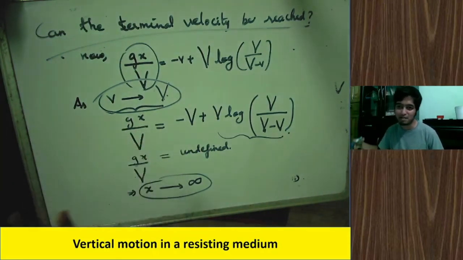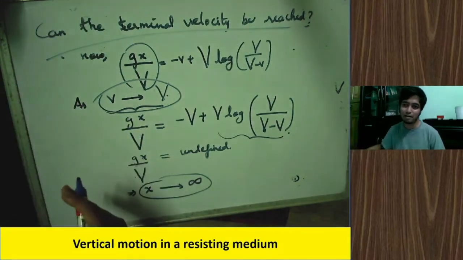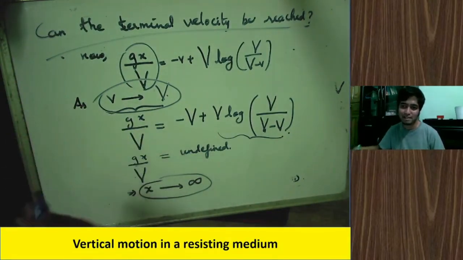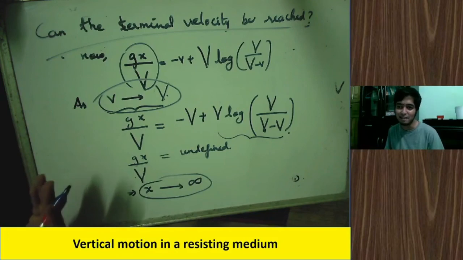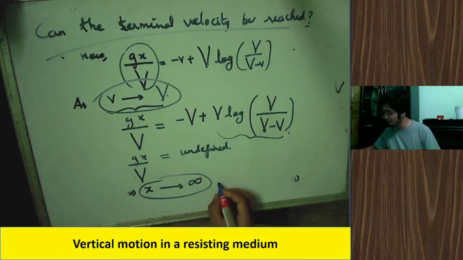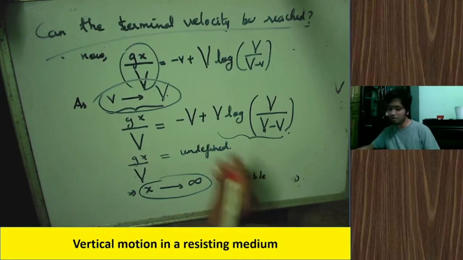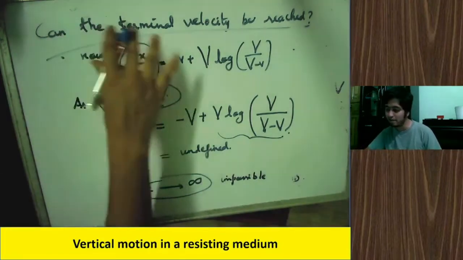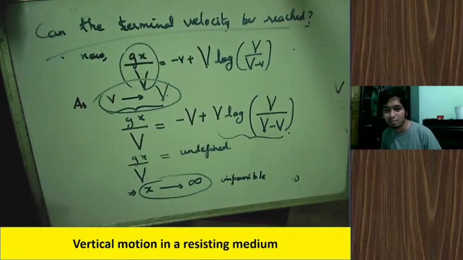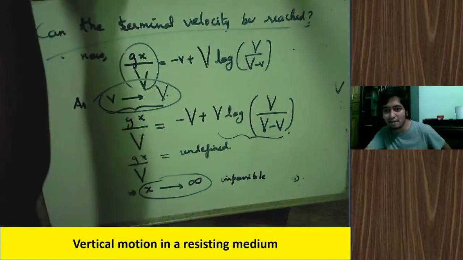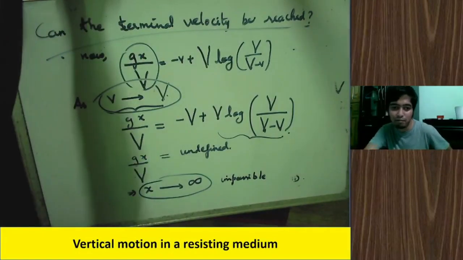We are studying a particle falling down, so we have a fixed distance; the distance can never be infinity. So from this we can conclude that the terminal velocity cannot be reached. That is enough for today. Next time we will discuss vertical motion in a resisting medium again, but when the body is moving upwards.